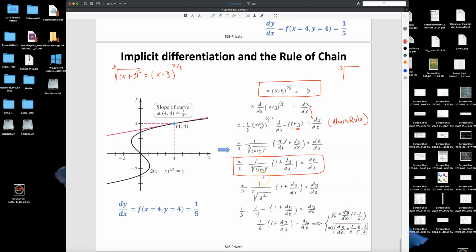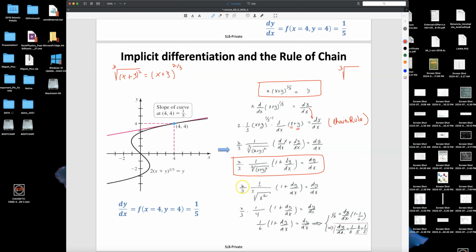Now, I'm going to evaluate the expression at the point of interest, because I want to compute the slope of this pink line, which is the tangent line to the implicit function at this point, 4 and 4. So I need to evaluate this function at this point.